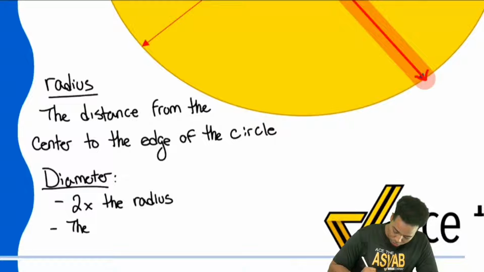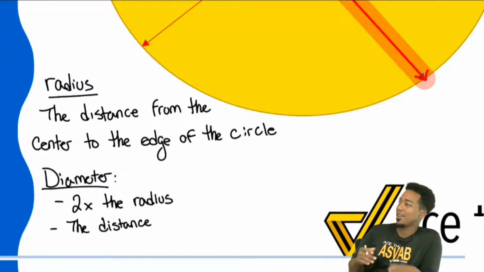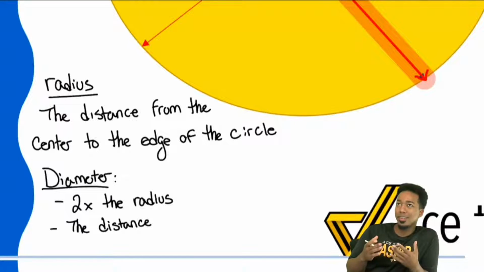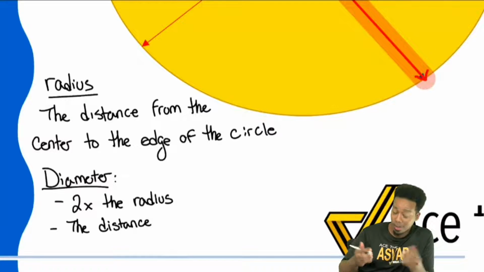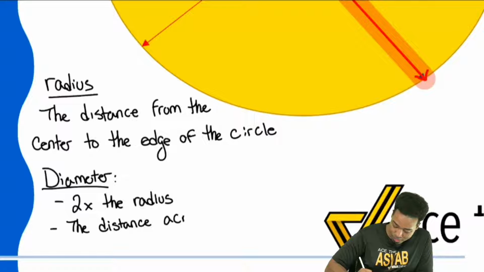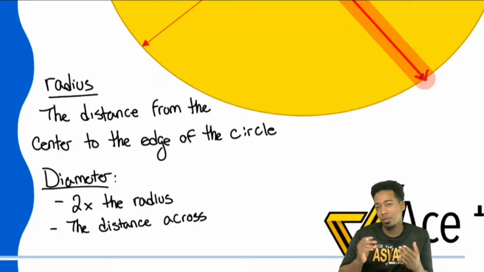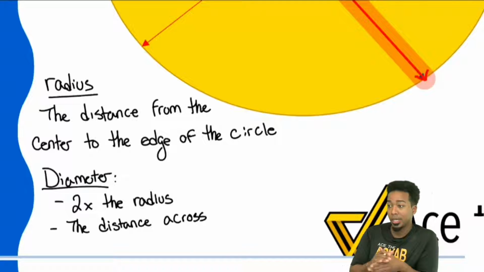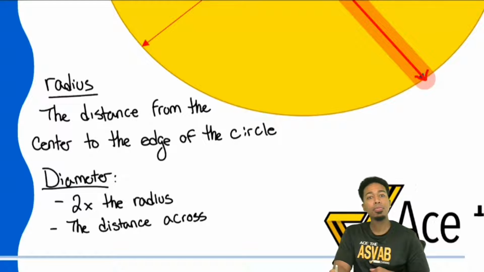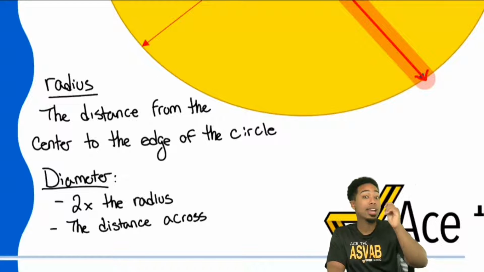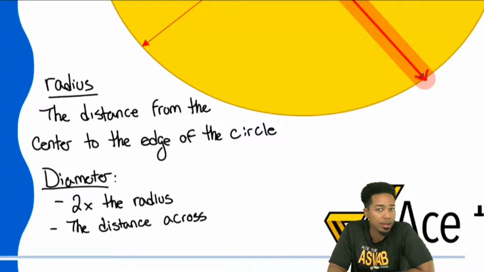So the distance across a circle. Now I'm being a little devious right now. I'm pointing something out excessively, and that's the distance across the circle. Because everybody, remember that little point I made earlier: word problems are not always going to give you the exact term lined up. They're not going to say the diameter of a circular pond is 10 meters.